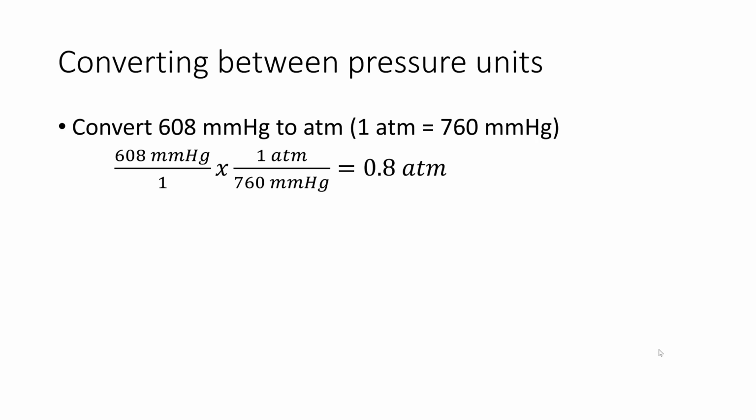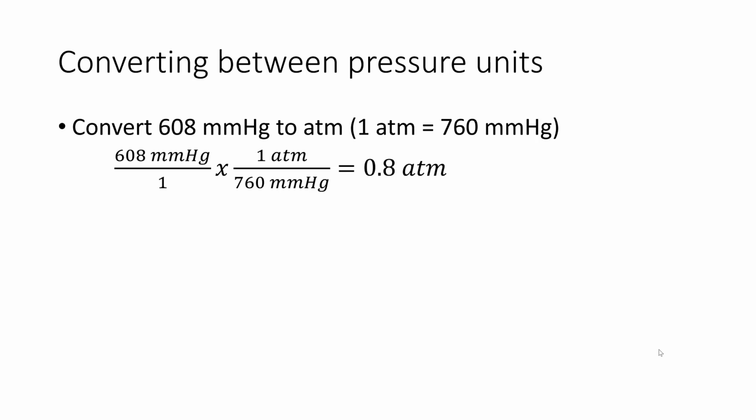Then we are going to set up another fraction, right? And this time, atmospheres is on the top. The reason that atmospheres is on the top is because we needed the millimeters of mercury, or the mmHg, to cancel out. We needed those units to cancel out.